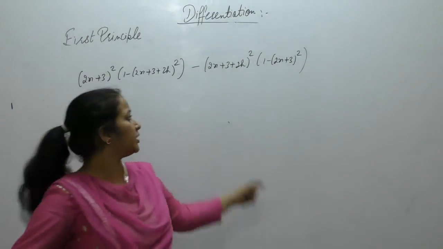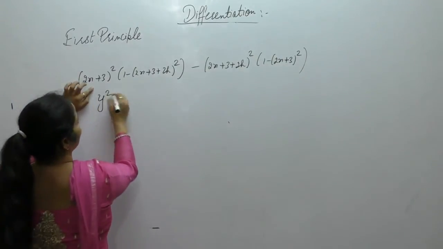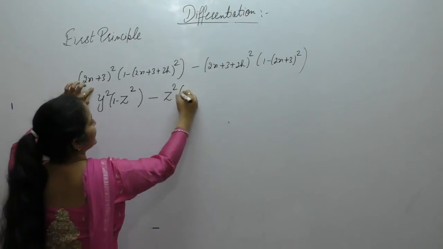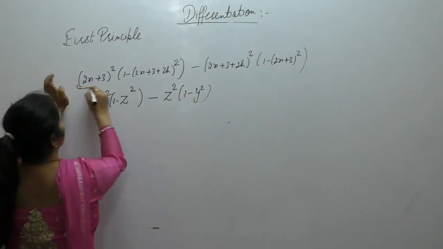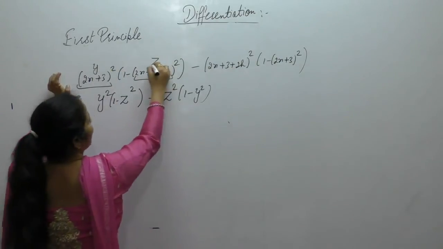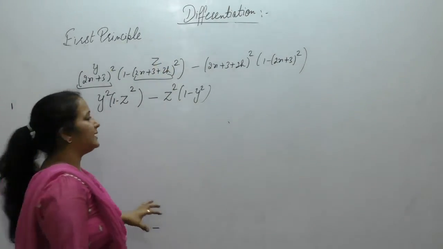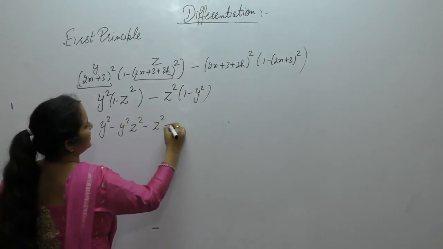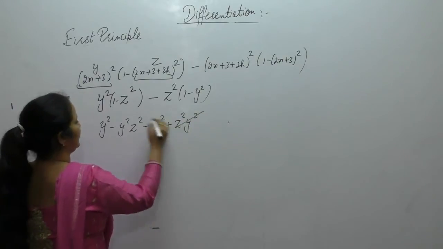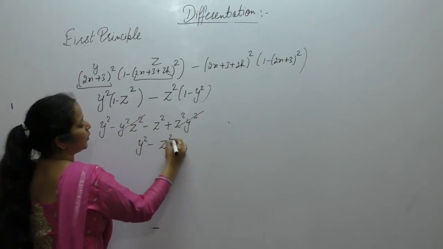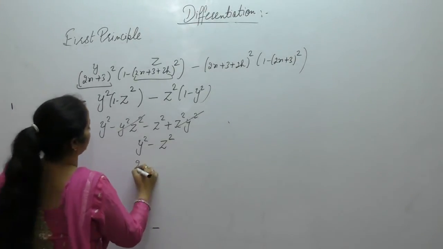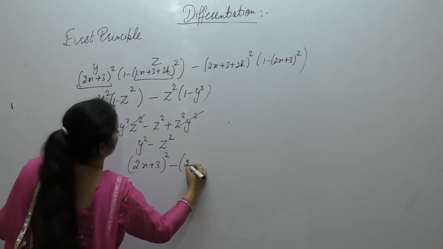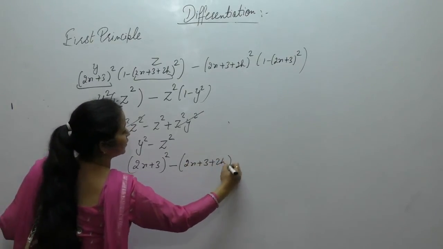For simplification of this term, let this term as y and this as z. y square into (1 minus z square) minus z square into (1 minus y square). Let this term as y and this as z to easily simplify it. So multiply, y square minus y square z square, minus minus plus, so it will get cancelled. We are left with y square minus z square. What was y? (2x plus 3) whole square and z was (2x plus 3 plus 2h) whole square.